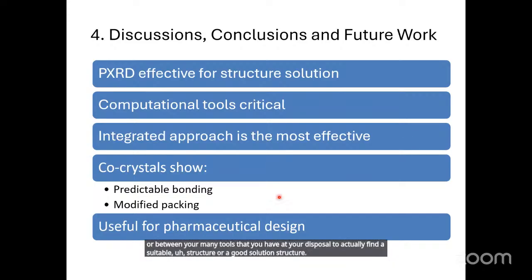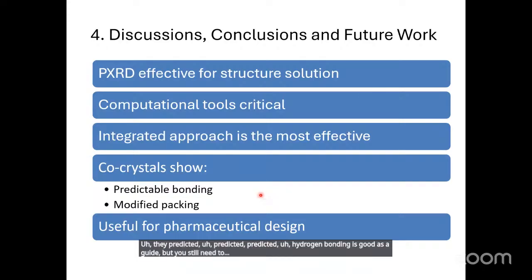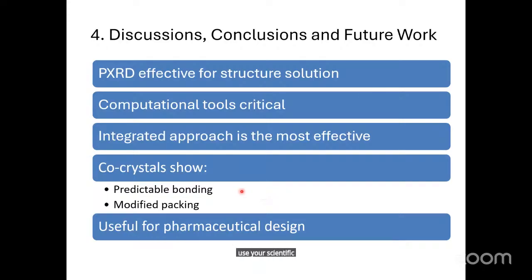The predicted hydrogen bonding is good as a guide, but you still need to use your scientific or chemical ingenuity to actually analyze the scores you get from your program.